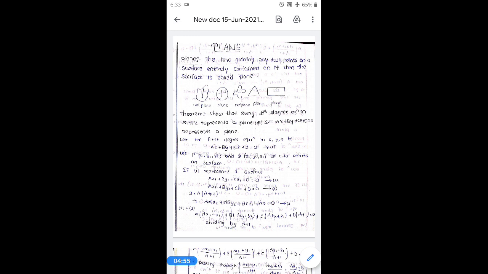Let the first degree equation in x, y, z be capital A x plus capital B y plus capital C z plus capital D equal to 0. Call it 1. Let us choose 2 points; not A, B because A, B are already used, so we use P and Q to avoid confusion later. So let P(x1, y1, z1) and Q(x2, y2, z2) be any 2 points on the surface.